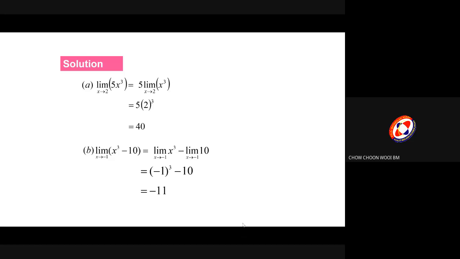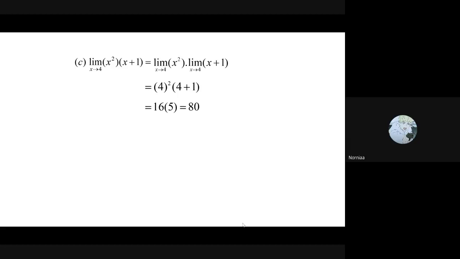Dapat tak semua? Dapat. Okay. So what about this one? What is your answer? 4 kuasa 2, 4 tambah 1, 16 kali 5. Betul tak? 80. Yes, very good. Senang.